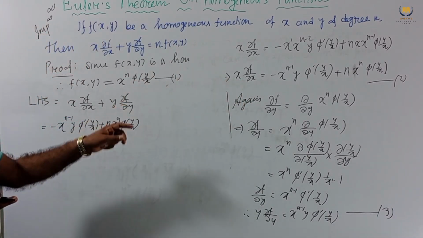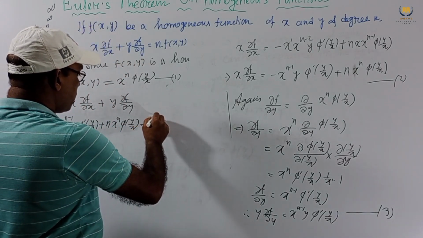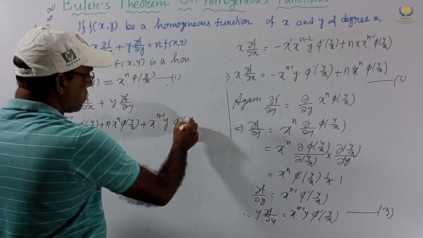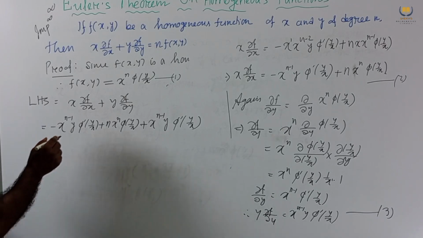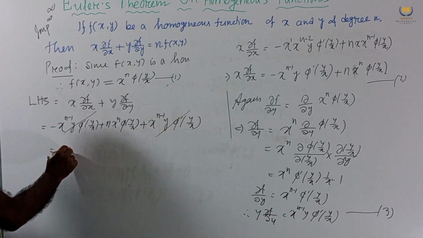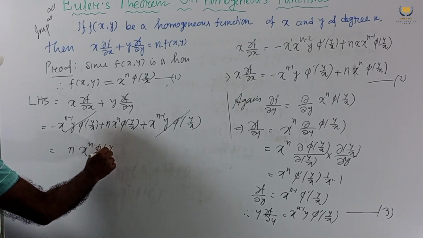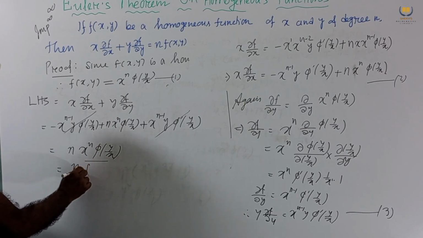Next, y del f by del y is x to the power n minus 1 y phi dash y by x. These two are like terms, so they cancel. Finally, we get n x to the power n phi of y by x, and this means n f of x,y.